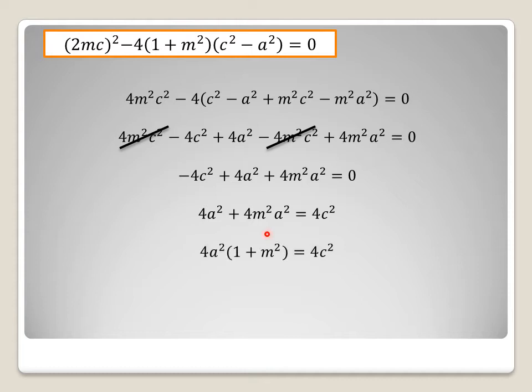So I'll take 4a squared common, and in the bracket, 1 plus m squared is the remainder. Taking this 4 to the other side of the equation, 4 will get cancelled with 4. So our answer will be c squared equals a squared into (1 plus m squared). Both the sides' 4s get cancelled, and I have arranged it in the sequence as given in the question.